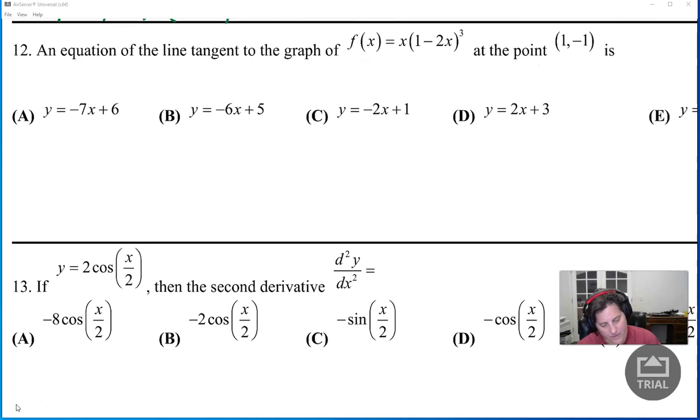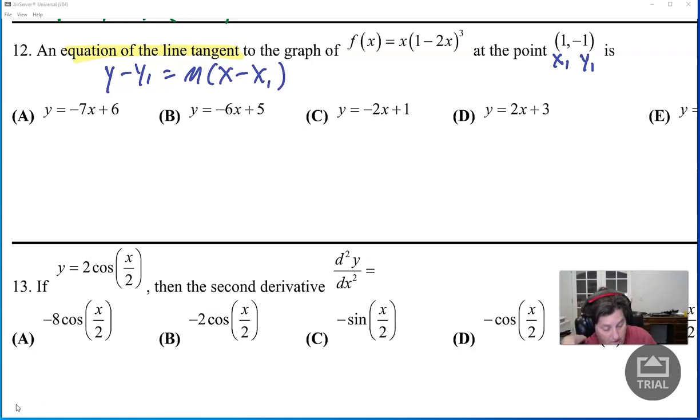Let's see. As soon as you see the words equation of the tangent line, as soon as you see those words, okay, you're immediately going to write y minus y1 equals m times x minus x1. Okay? Ooh, nice. It gave me a point, which means it gave me both x1 and y1.